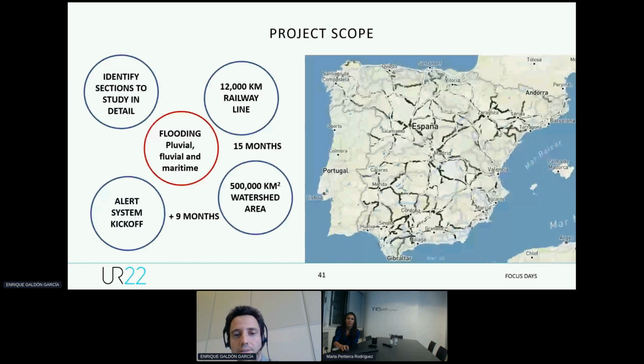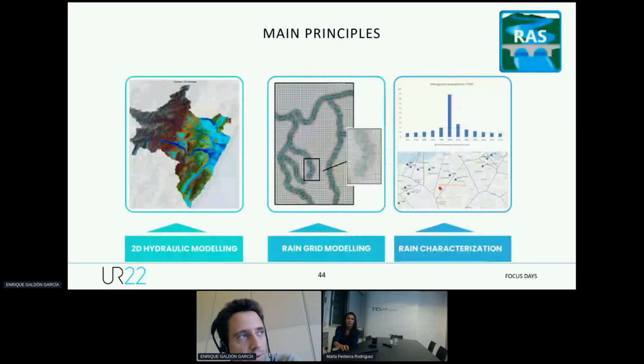So which are the main principles or the main advances that we are including in this study? Well, it's worth mentioning that we are using an open source program. It's thanks to the U.S. Army, that is called HEC-RAS, and that in the new versions allows doing 2D hydraulic modeling and allows having an approach based on rain grid modeling.